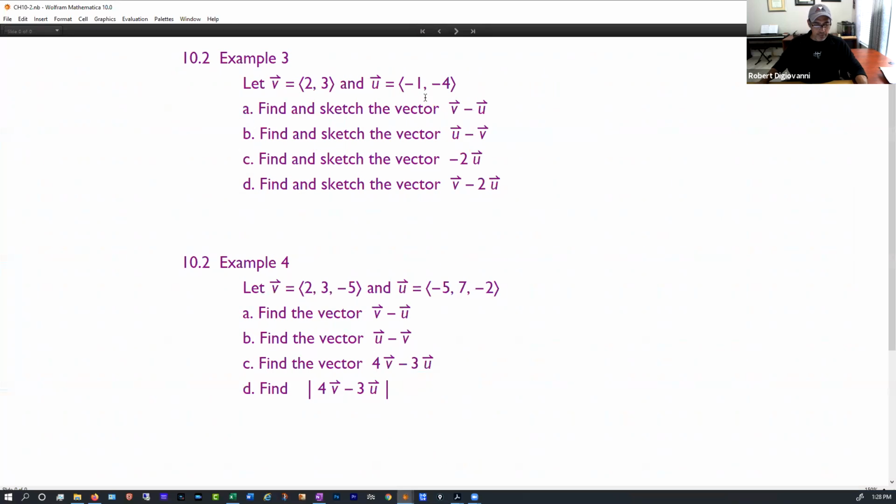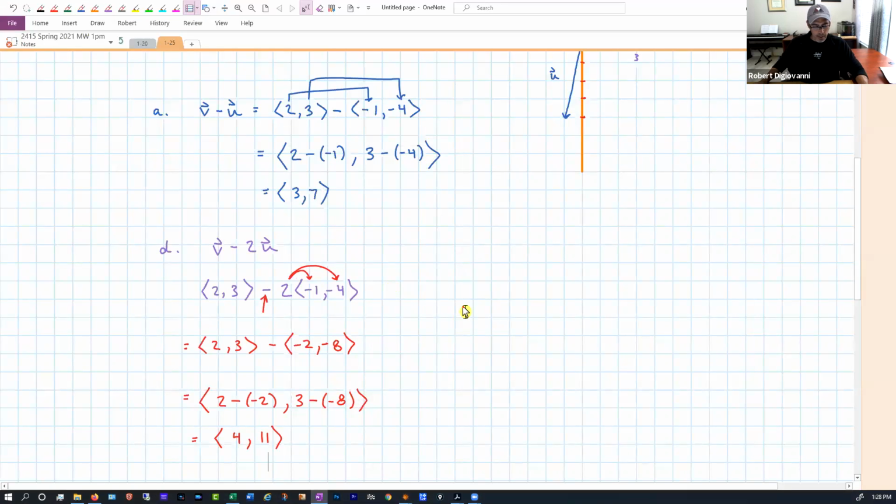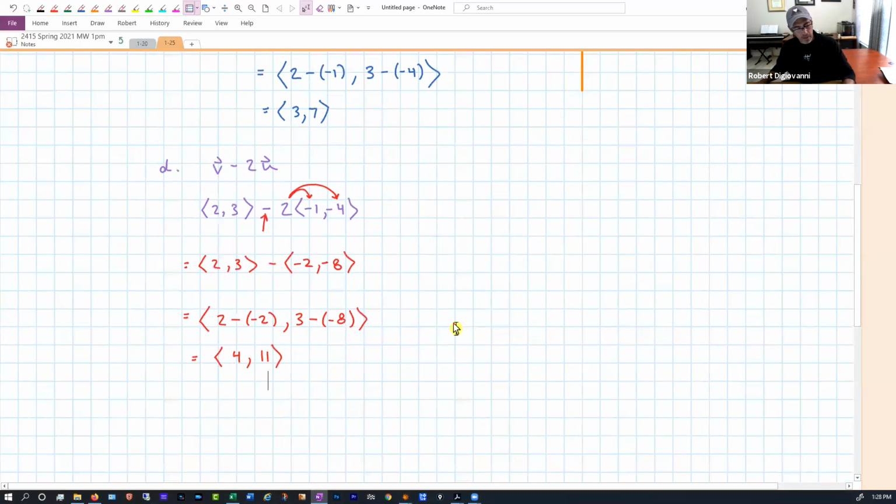Okay, moving along. I'm not going to do the 3-dimensional one, but you know what? We should do a magnitude, don't you think? Let's do the magnitude of this. If I asked for the magnitude of V minus 2U, that means I'm talking about this vector right here that we just found. So that means I want the magnitude of the vector 4, 11.